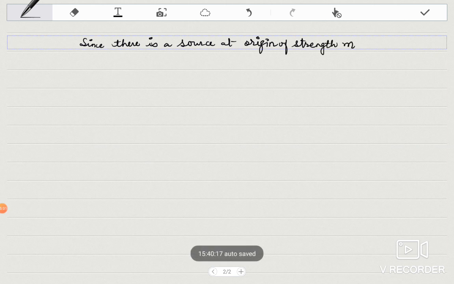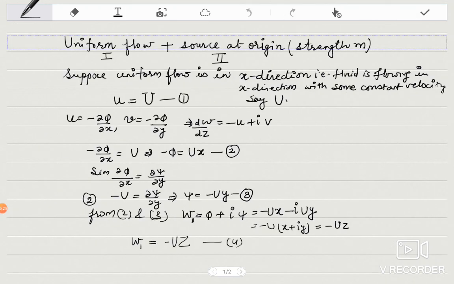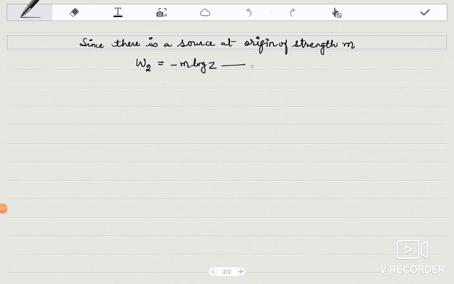Since you have taken u and v in terms of minus del phi by del x and minus del phi by del y, your w2, that means the complex potential function for this situation, will be minus m log z. This is the formula which we have derived earlier, and so its number will be 5. In 4 you have derived w1 for the uniform flow, and in 5 you have derived w2 for a source at origin of strength m.